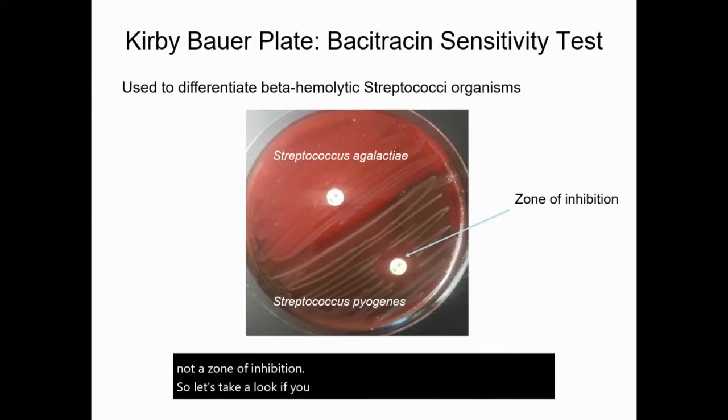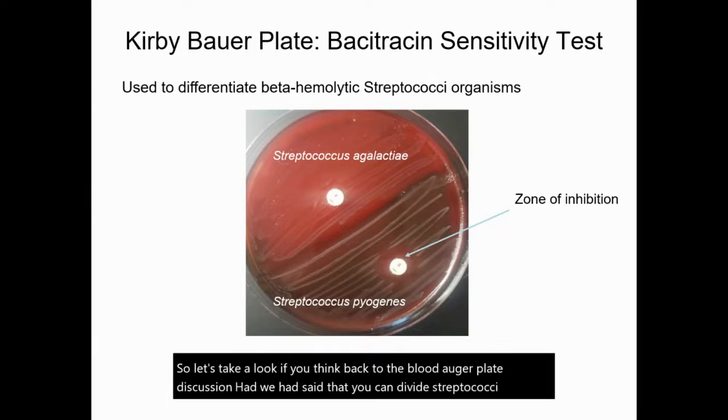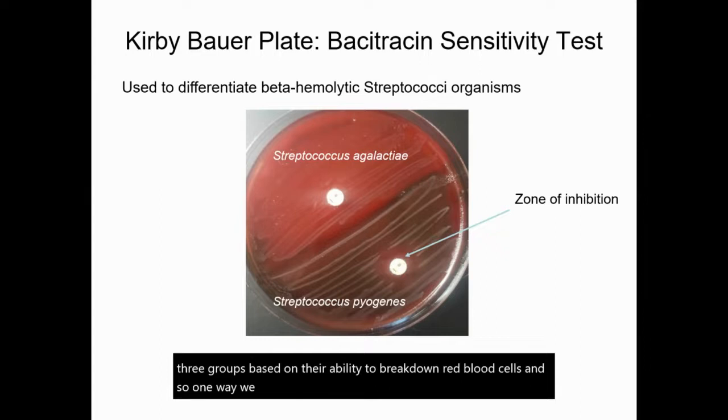If you think back to the blood agar plate discussion we had, we'd said that you can divide streptococci into three groups based on their ability to break down red blood cells. And so one way we can categorize our streptococci is being beta hemolytic. They had those clear halos when streaked on a blood agar plate.